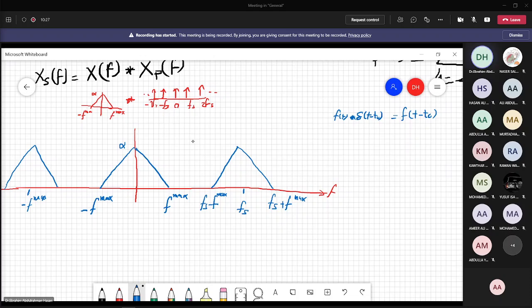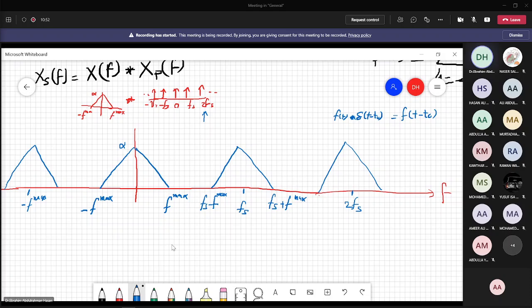Okay, so similarly, convolution with 2fs, then I'll get same thing just shifted to 2fs, and so on.